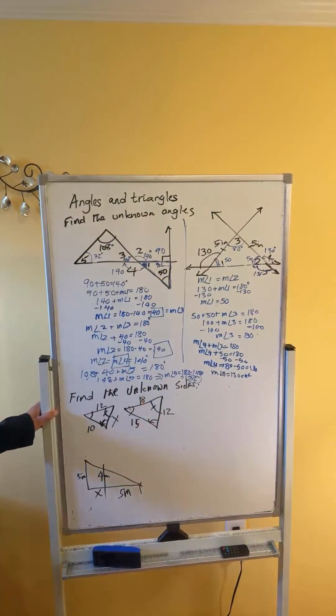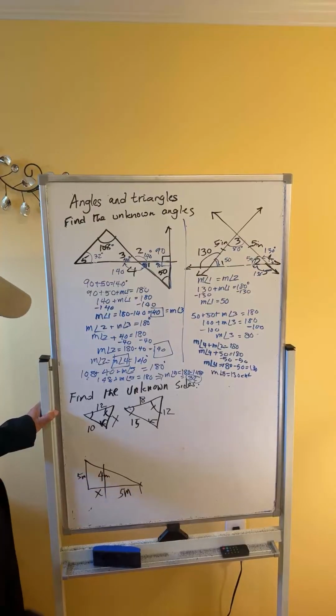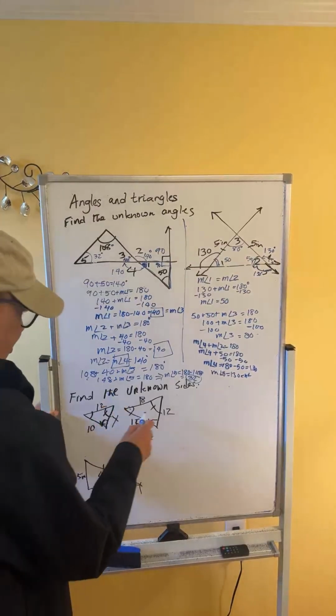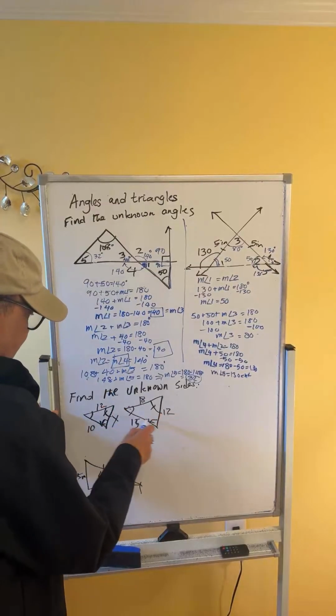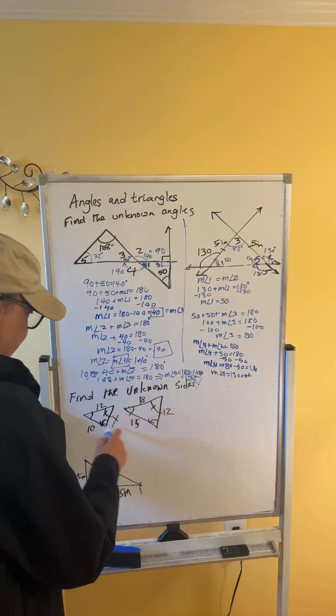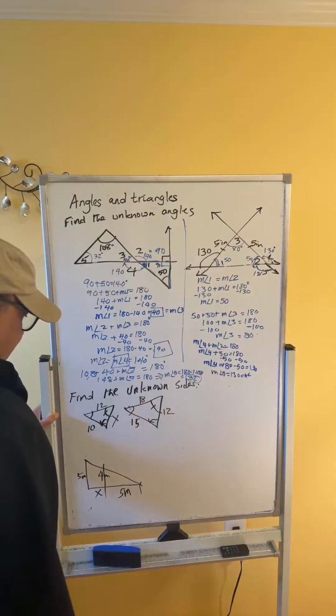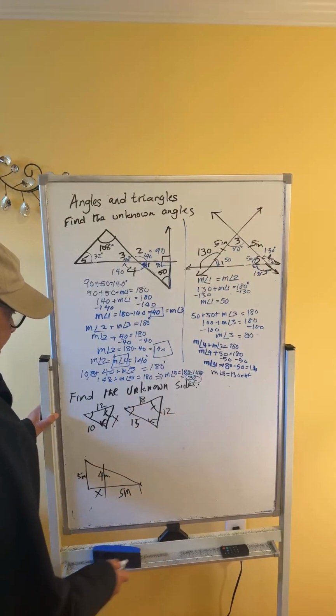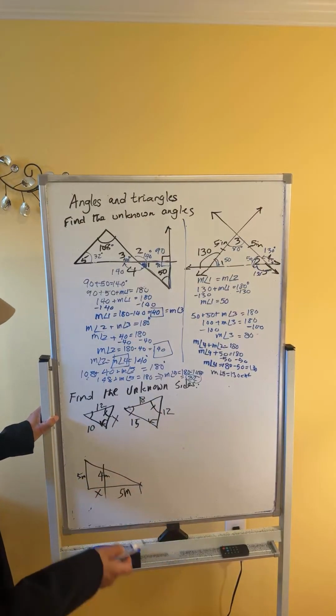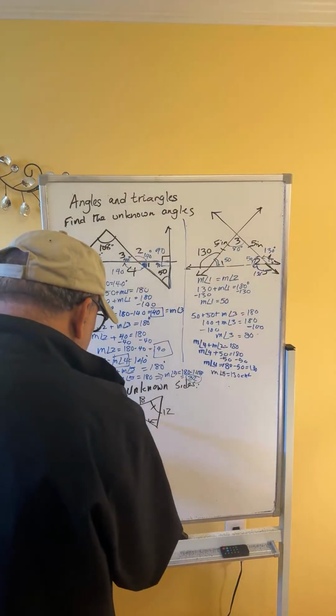Now, in the last two problems, we have to find the unknown sides. Here we will notice the angles are equal. Okay, corresponding angles are equal. If the corresponding angles are equal, the ratio of their opposite sides has to be equal.